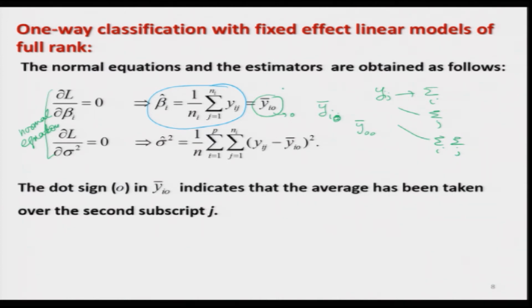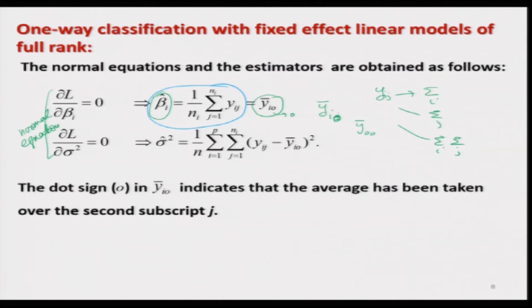So, y bar I naught is simply the maximum likelihood estimate of beta I, which is indicated here by beta hat I, right. And you can now see this is only an arithmetic mean, and this is exactly what I wanted to show you when I said that I want to develop the likelihood ratio test in the setup of specifically the one-way analysis of variance model, right.